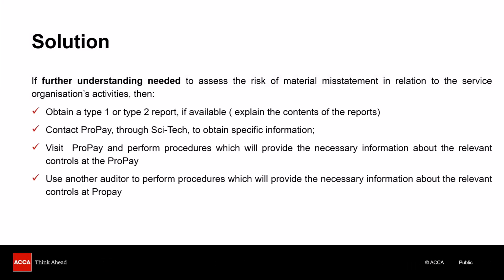The further understanding points are quite straightforward. We can get a type 1 and type 2 or type 2 report from the service organization's auditors. We can contact ProPay to get specific information. We can visit them to perform procedures, or we can use another auditor to perform procedures.